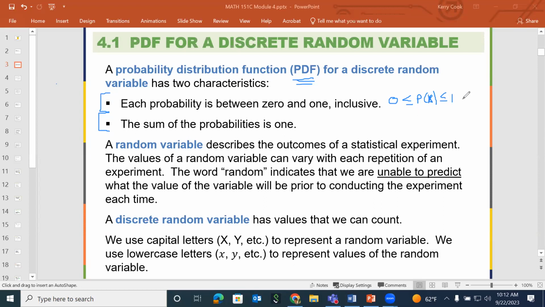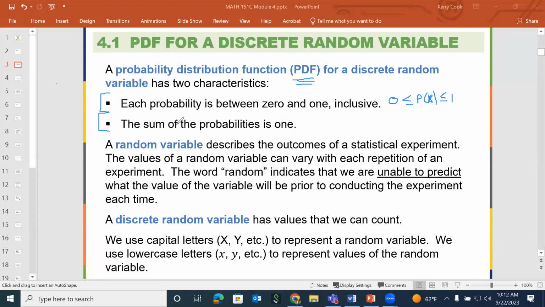So we must make sure that all probabilities listed are either a decimal value, fraction value, or 0 or 1. And then the sum of all the probabilities must total to 1. The reason for that is that in a probability distribution function we're representing every possible outcome. So the total of all the probabilities represents 1 or 100% of the outcomes.